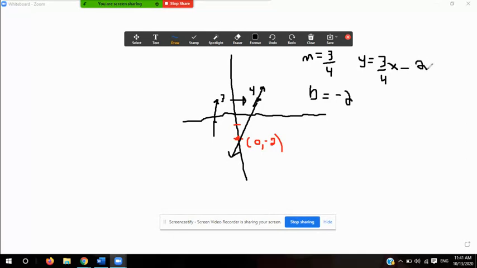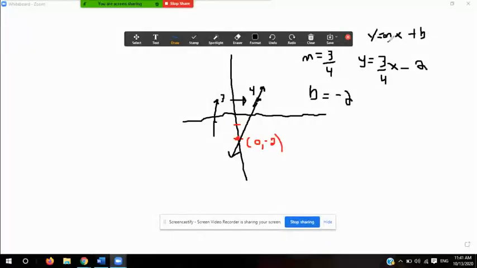And you're probably asking yourself, but if the formula is y equals mx plus b, why did you write a -2? Because technically, subtracting is adding the opposite. So I could say y equals mx plus b.